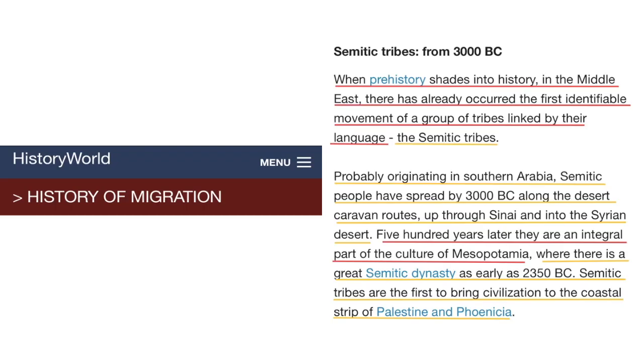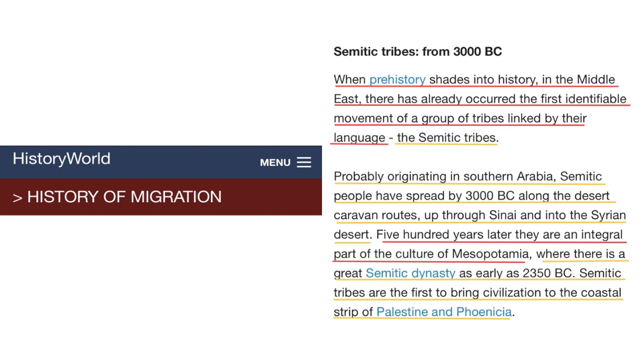And here is from World History, History of Migration, and it reads, "When prehistory sheds into history in the Middle East, there has already occurred the first identifiable movement of a people of tribes linked by their language, the Semitic tribes.